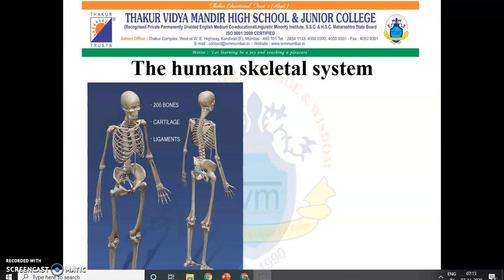This is because babies have more flexible cartilage in her body, and as the child grows, some of the cartilage hardens and turns to bone, and some bones fuse together and combine and form a single bone. So when a child turns into adult, it has only 206 bones.